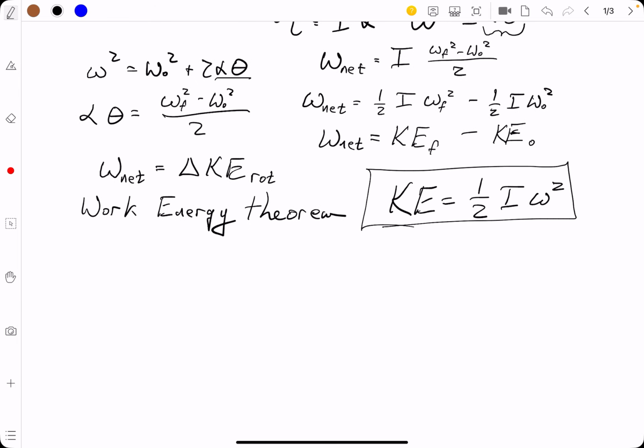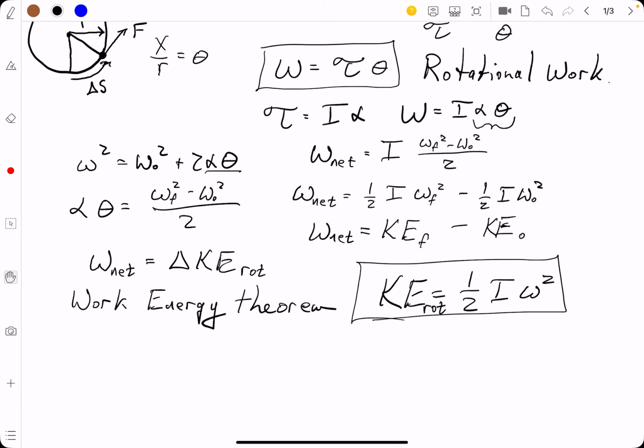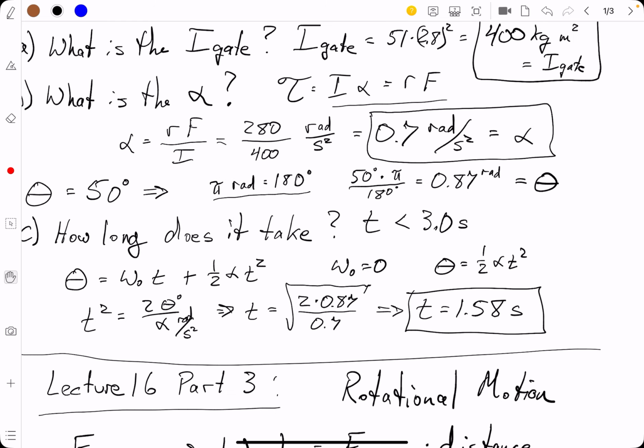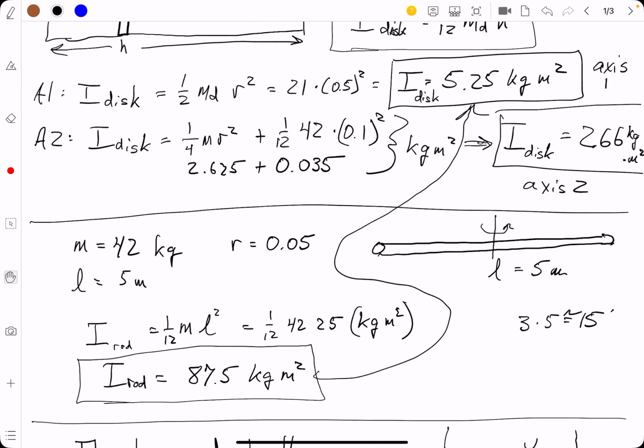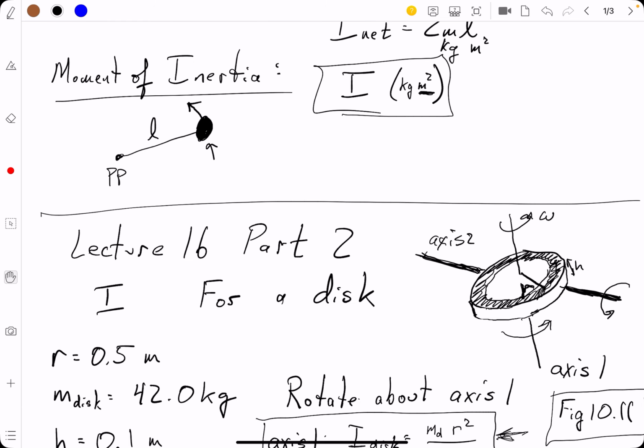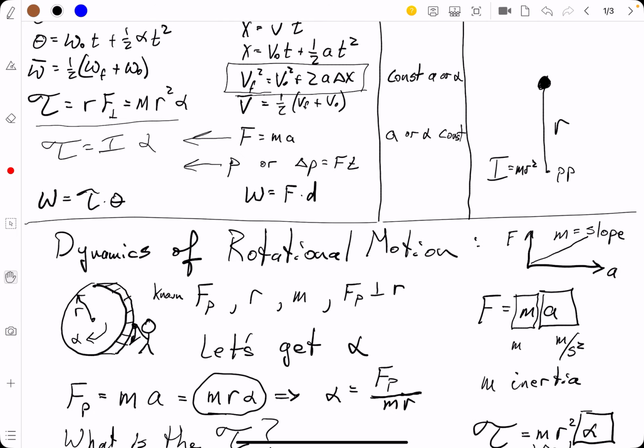Before we go, let me just write a little rotational on that, because it's definitely rotational kinetic energy. So what do we have? Should I scroll back up there? All right, I'm going to scroll back up there. Add to your list. We've got more stuff to put on the list.